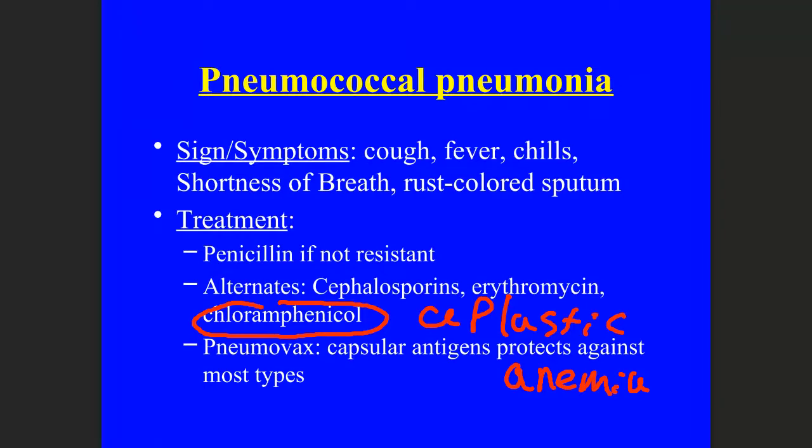So that's why. And there is a vaccine against pneumonia. It's usually given to elderly individuals or people that are most likely to come into contact with the bacteria. But other than that, it's not really given that much.